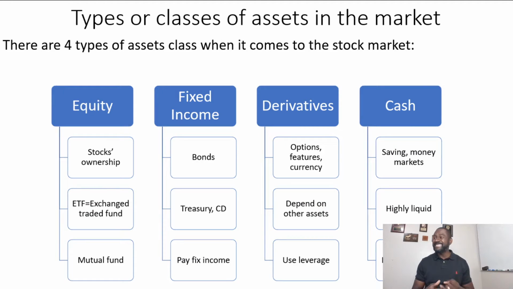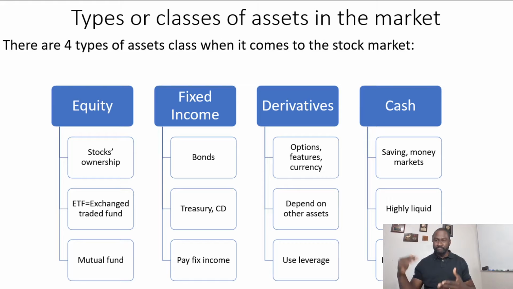Number three is derivative. A derivative is based on another asset and uses leverage. Options are one, futures are one, and currency is one. For example, instead of buying Apple at $150 per share, you decide to buy an option. The option gives you the right, but not the obligation, to buy that asset at a lower price.